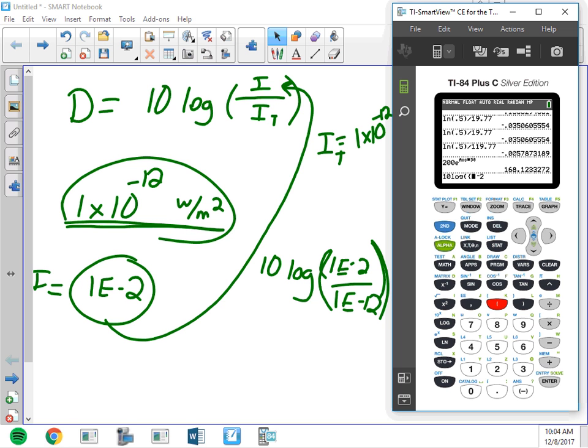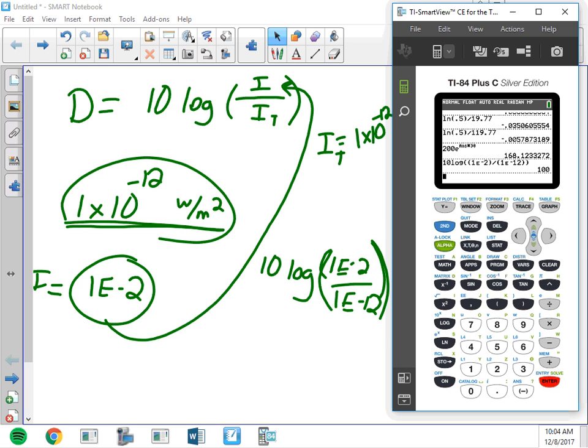But it just comes up as E. So 1 EE negative 2, and then divided by 1 EE negative 12. And you have to put it in like that. Each scientific notation gets its own parentheses, and then the entire thing gets its own parentheses.